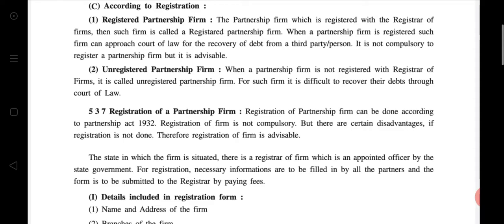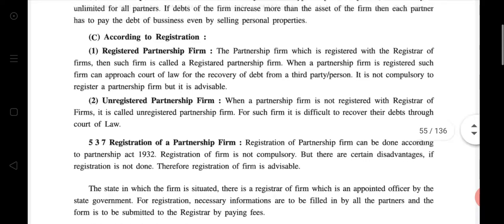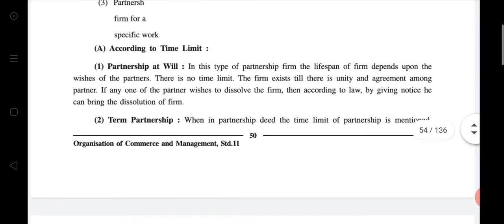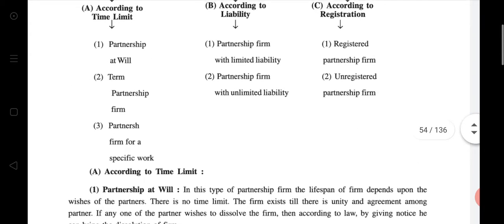Okay, is it clear? Okay, good. Now just read it. You have just 2 minutes.